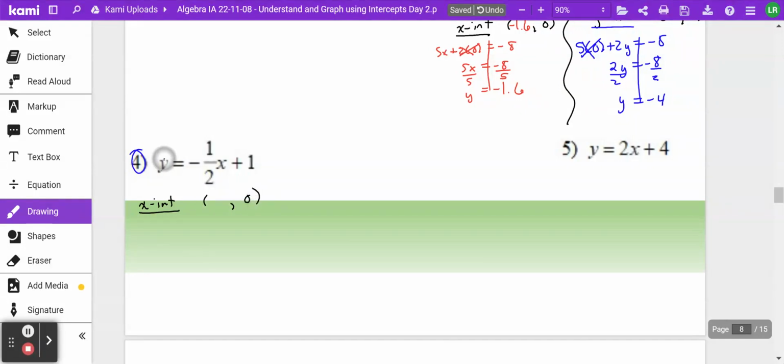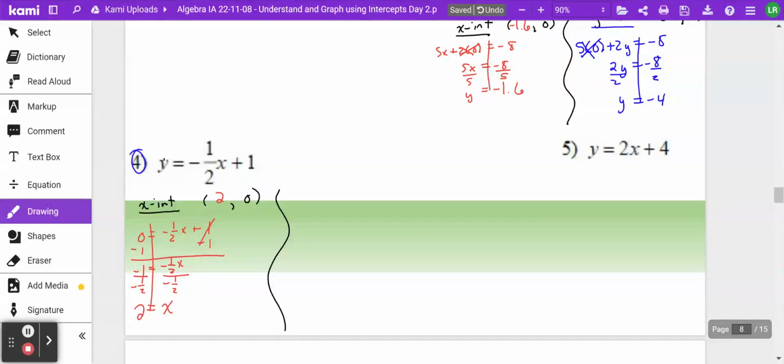So the y is 0. 0 equals negative 1/2 x plus 1. Minus 1 on both sides, I get negative 1 equals negative 1/2 x. Finish it. Divide by negative 1/2, and I would get positive 2. So that would be 2, 0.